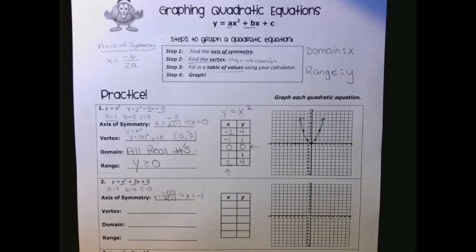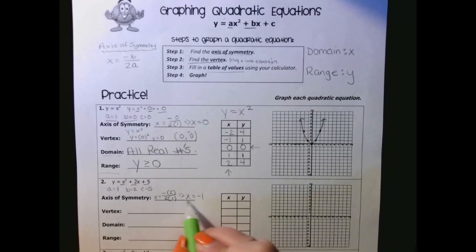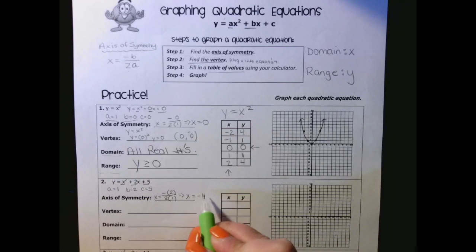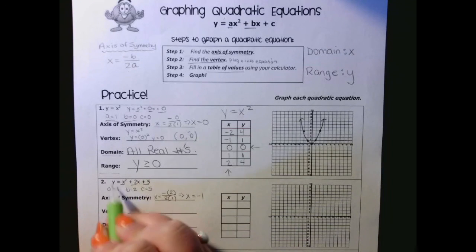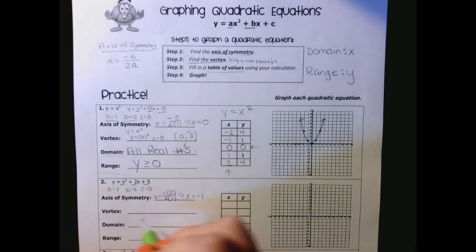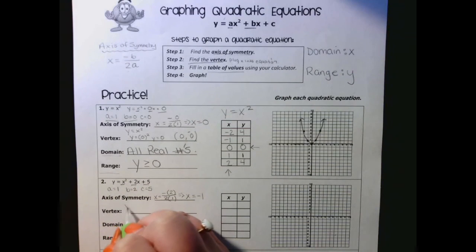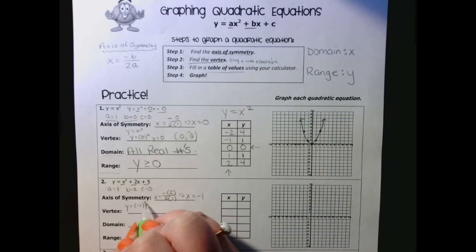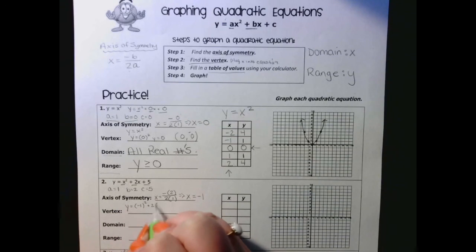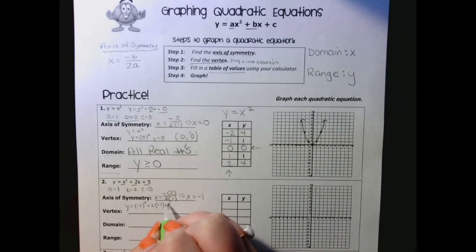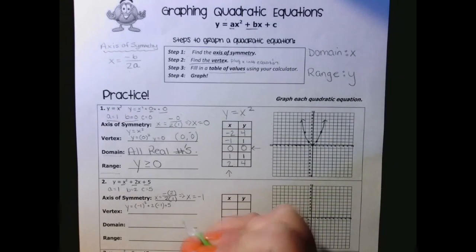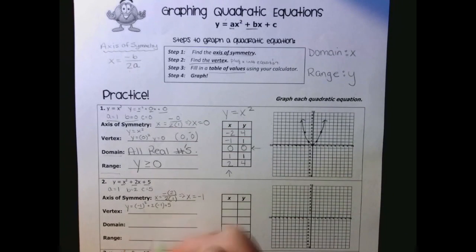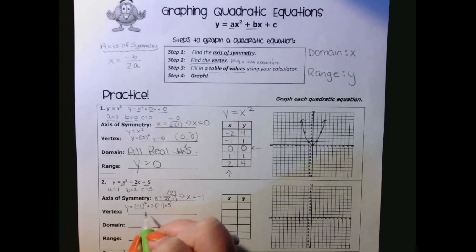Now that I have my axis of symmetry, I'm going to take that x equals negative 1 and plug it into my equation to figure out what that y value is for my vertex. So I have y equals negative 1 squared plus 2 times negative 1 plus 5. Solving this out, negative 1 squared is going to be a positive 1 because a negative times a negative always equals a positive.